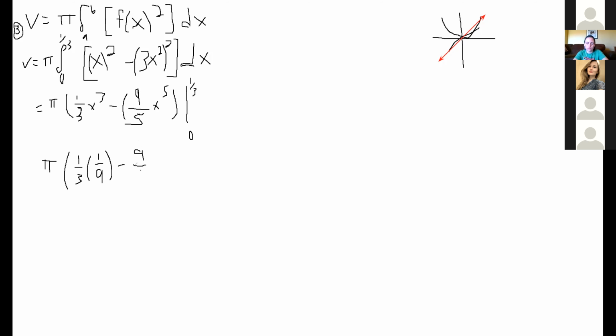So how did we get the 0 to 1/3 bounds? Did somebody solve this? I graphed it on a graphing calculator and then just looked where the two functions intersected. Okay. Is that an acceptable way of doing it, or would solving it be better for a test?